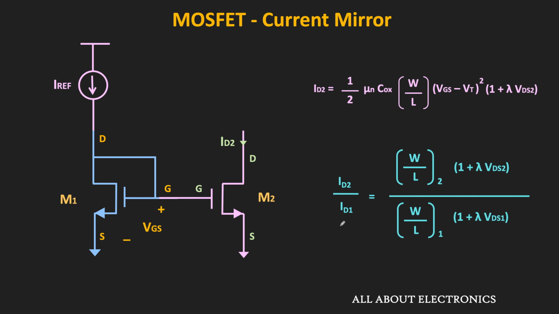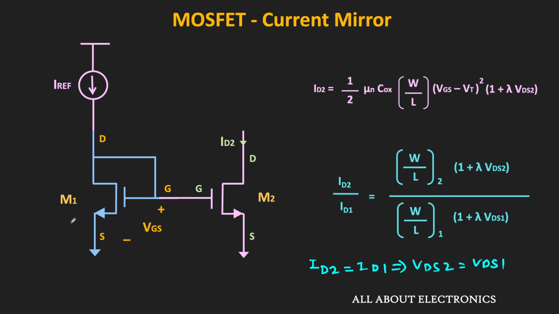Now in this expression, if this W/L ratio of these two MOSFET is same, in that case this ID2 is equal to ID1 whenever this VDS2 is equal to VDS1. That means if this VDS2 is equal to VDS1, in that case only this copied current is the exact replica of this reference current.